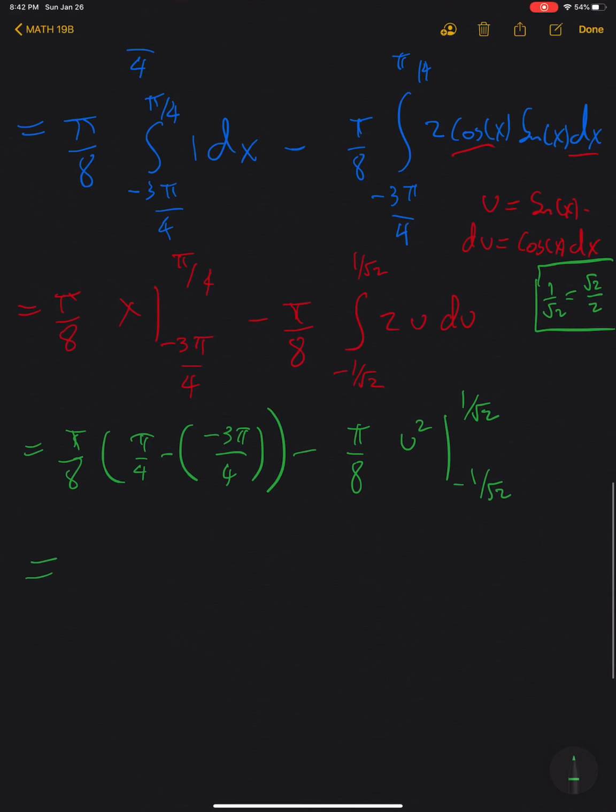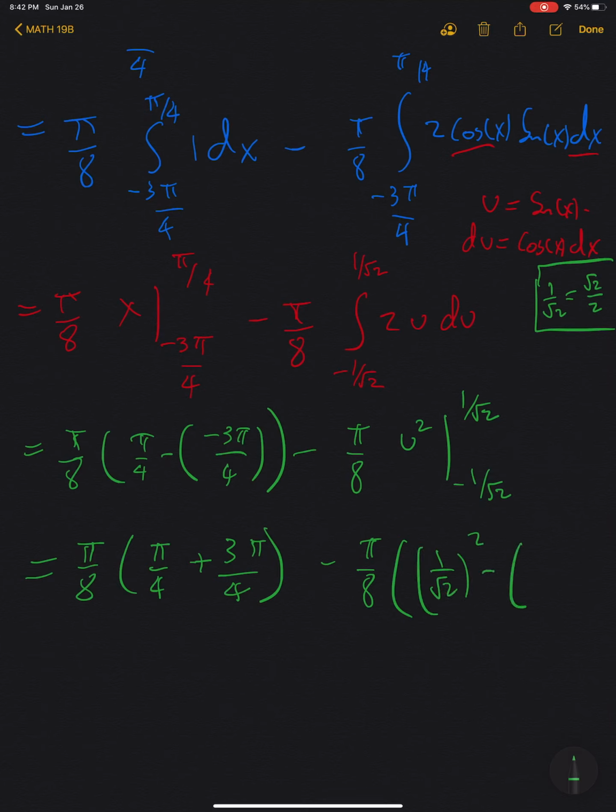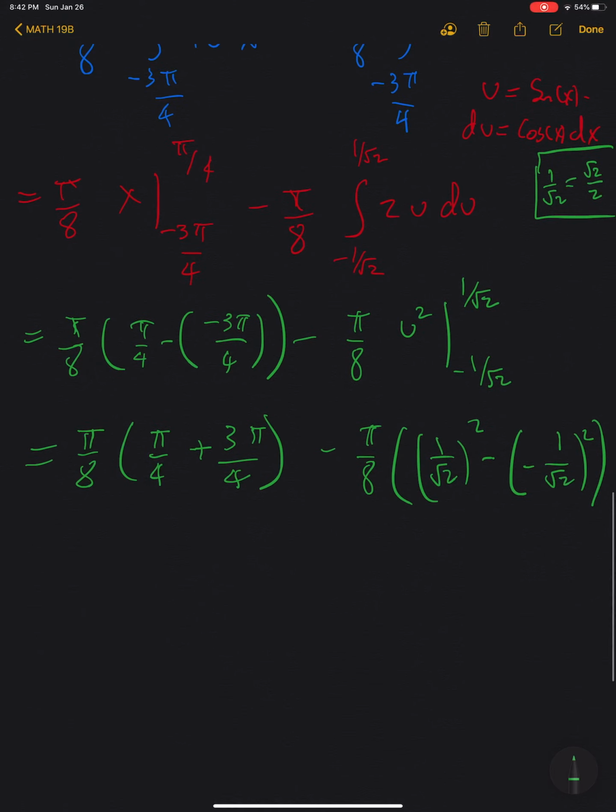All right, so now I can just expand this out. So I'll get pi over 8 times pi over 4 plus 3 pi over 4 from the first one, minus pi over 8, and then this will become 1 over square root of 2 squared minus negative 1 over square root of 2 squared. So I'm almost done.